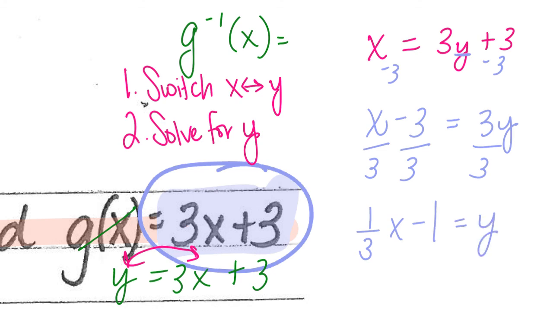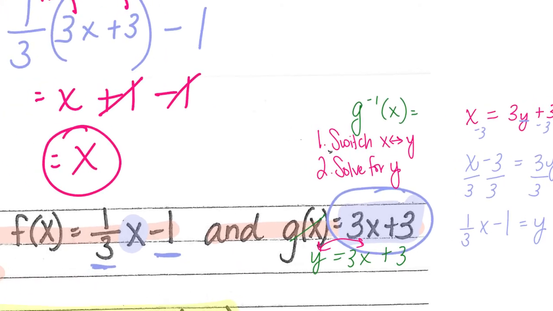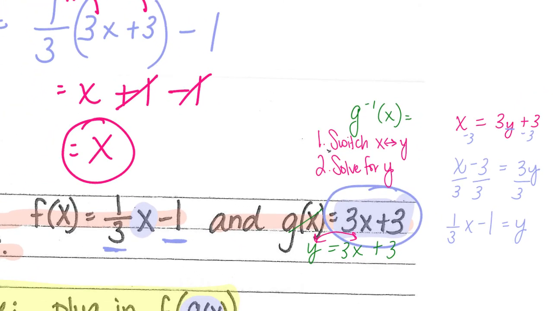So if I look back, notice this y in purple is the exact same thing as this right here. So if you didn't have the inverses like this question gives and you had to actually find the inverse, you would just go ahead and do these steps right here: switch the x and y, and solve for y.